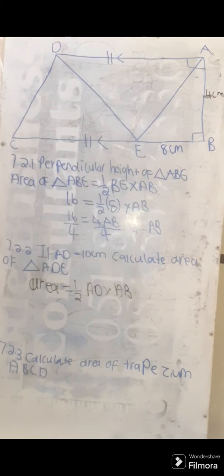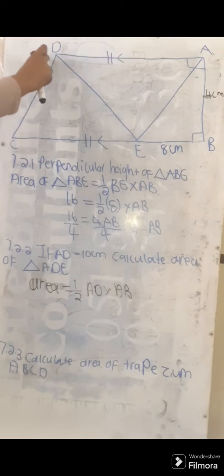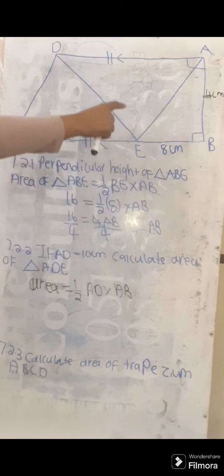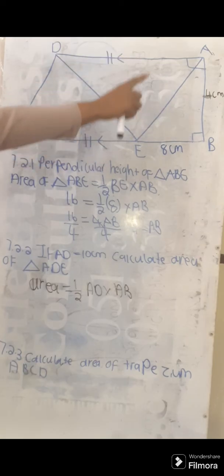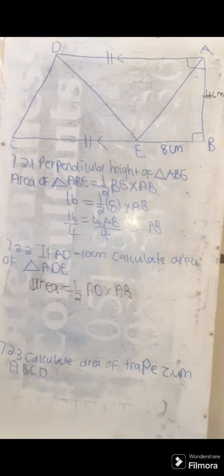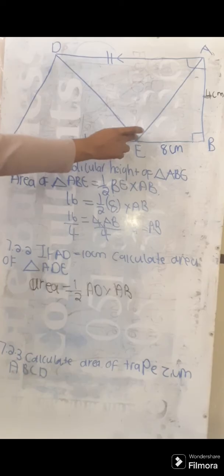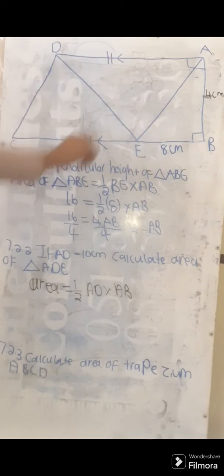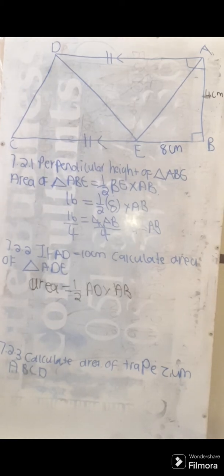So what we are going to do in this, we need the angle of ADE. And this triangle, we use that height for this triangle. From here to here is exactly the same as that height of AB, right? That height applies for this triangle. If you draw a line here, it will still be the same as that 4 centimeters. So that is the height that we are going to use. Do not be confused, Samira.